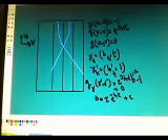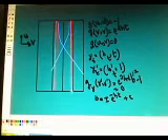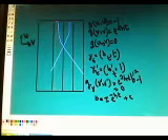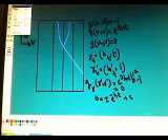Somewhere along the line, these curves have an asymptote. Like that. I'm going about this the wrong way. I should say this.